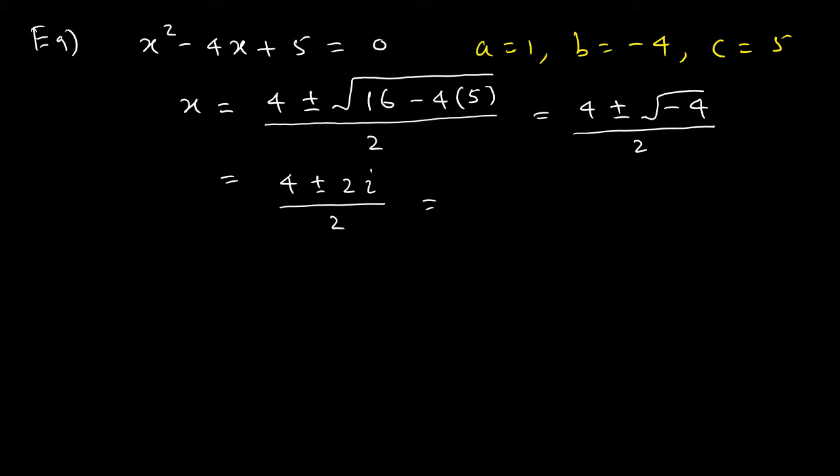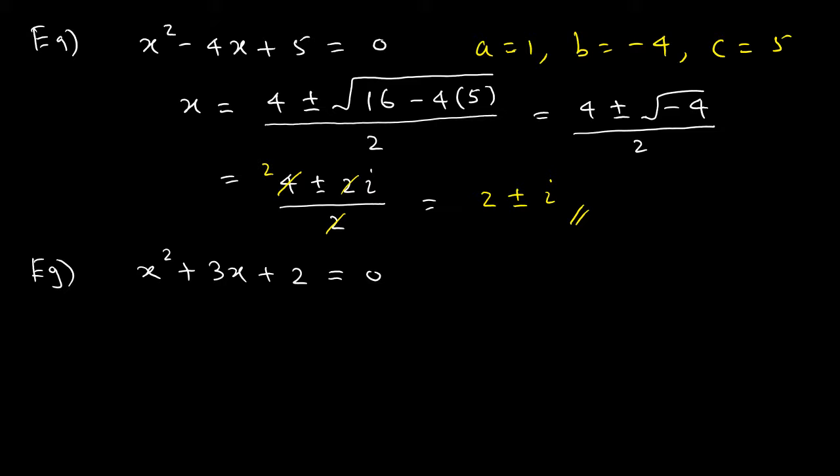If you divide by 2, so you can cancel, and you can divide this one by 2, so you end up getting 2 plus or minus i. So sometimes this simplifies very well. So as the last problem of this type, let's look at this problem. What if you try to solve the first problem that we discussed?